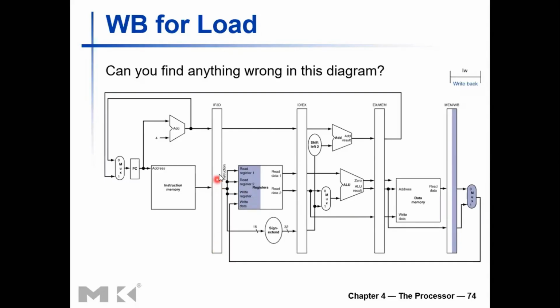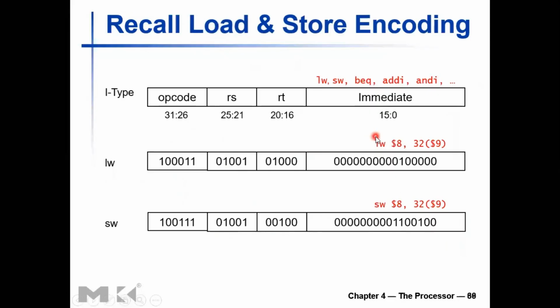IFID pipeline register will have the instruction, and the write register, even though we are ignoring something here, will be either, let us go back to the instruction decoding. The write register for a load word instruction, right? That is the address of the register to be written to, RT.